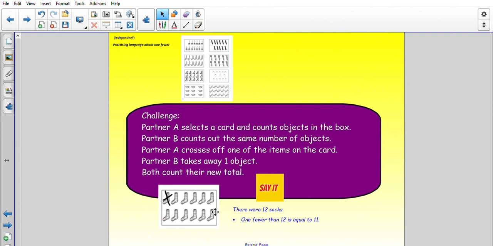So it's easy to say 1 fewer than 12 is equal to 11. Right. There are 6 different ones of these to have a go at. Have a try at each one. And using our stem sentence, 1 fewer than is equal to. And I look forward to seeing how you get on with that.